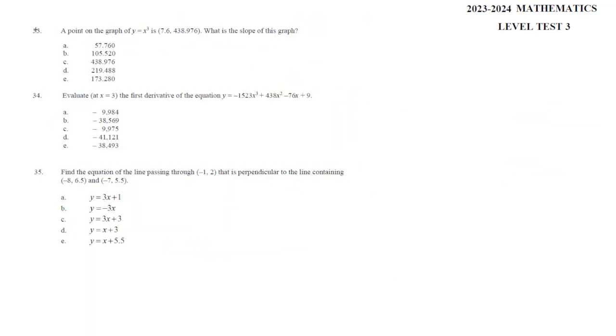Here we are, number 33. A point on the graph y equals x cubed is this. I'm going to believe them. You could punch that in. We're looking at the slope, which means we're taking the derivative. It's not between two points, it's instantaneous. If we take y prime, that comes down, equals 3x squared.